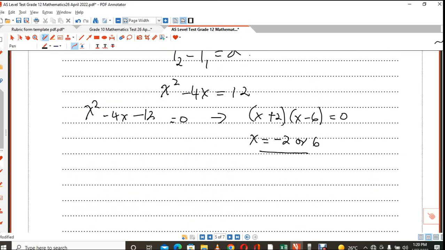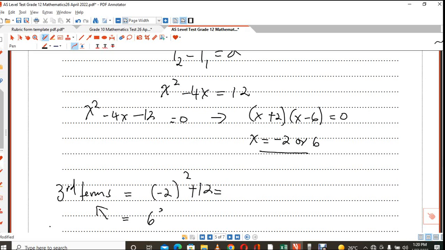And then the third term, these are the corresponding values of the third term, because you have got two values of x. So the third terms: one will be negative 2 squared plus 12. The other one would be 6.